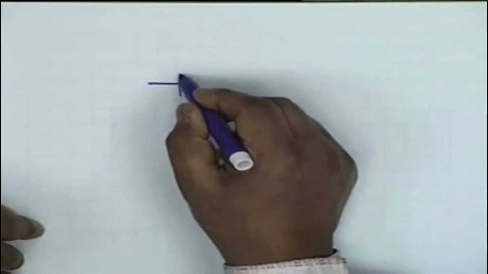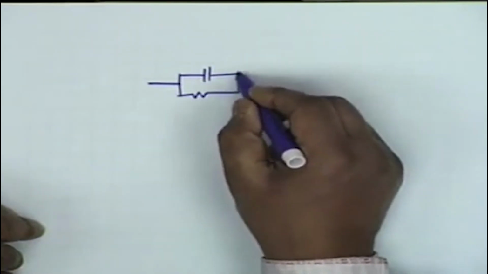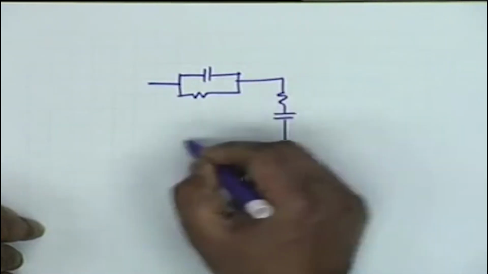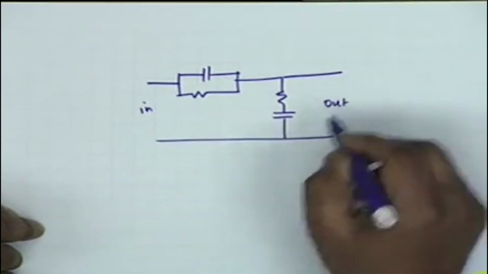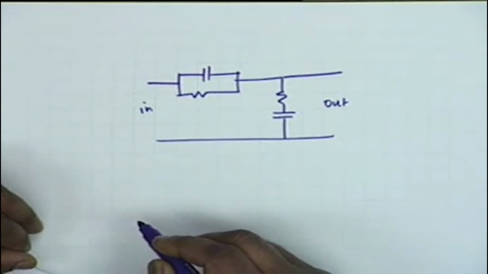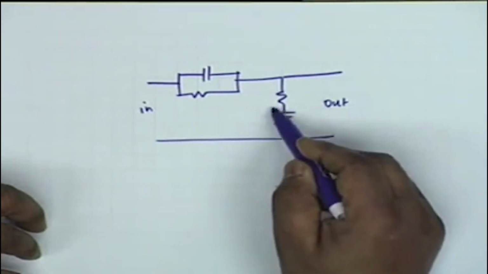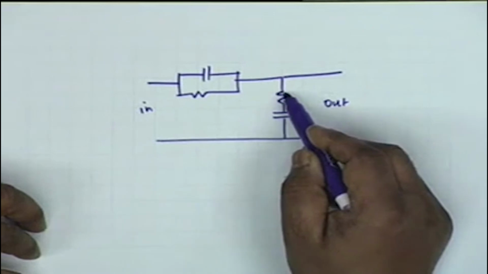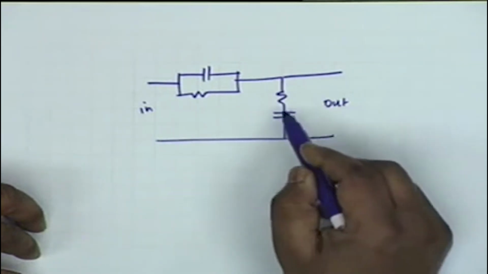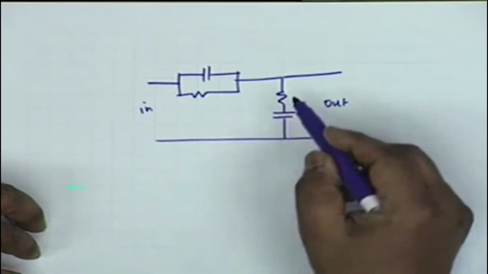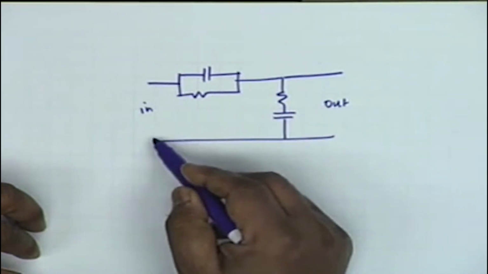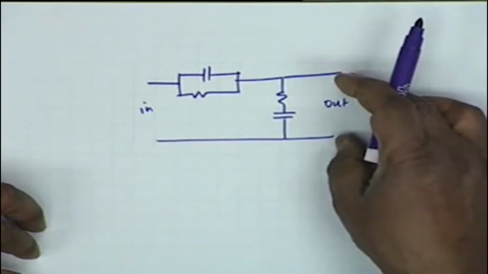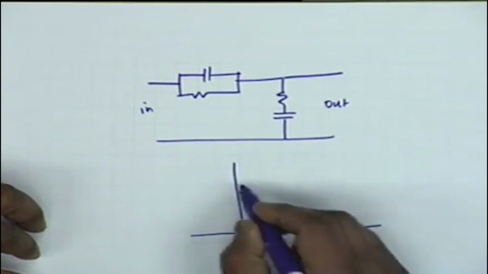If our series arm was like this and the shunt arm was like this, with this as input and this as output, then at DC this will be open, and therefore whatever voltage you connect here shall appear across the output, and therefore the DC response is 1.